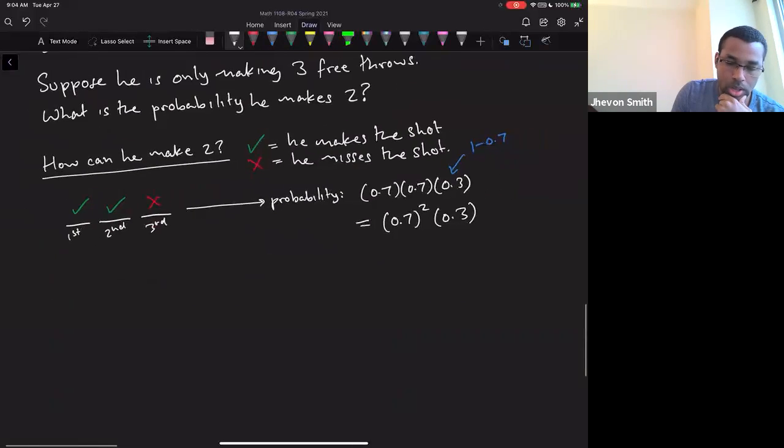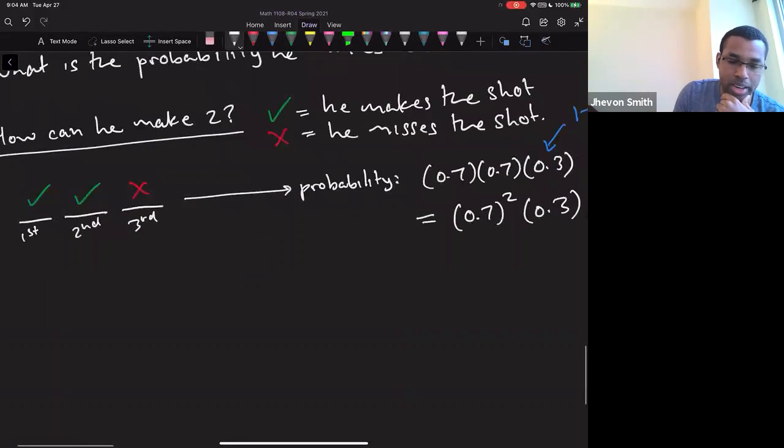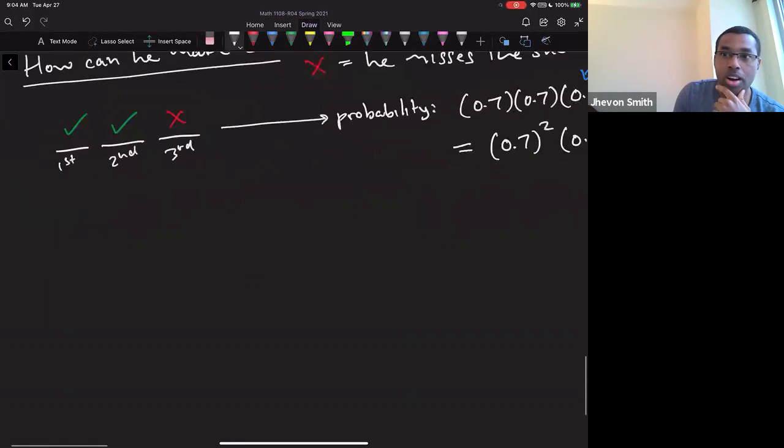Now, of course, that's not the only way he could make 3 shots, right? There are other scenarios. So he could also make the first, miss the second, and make the third.